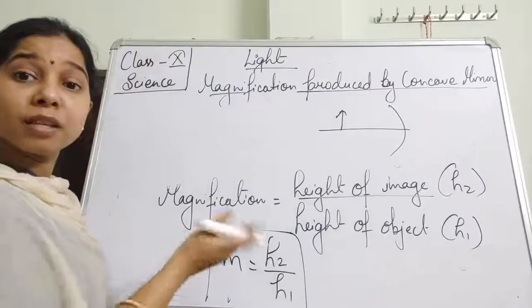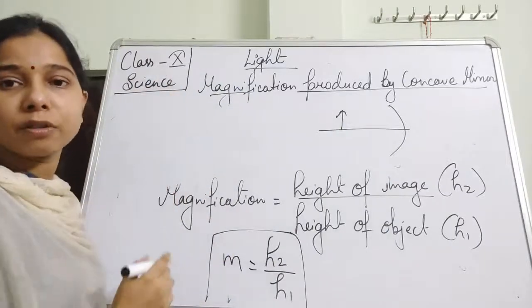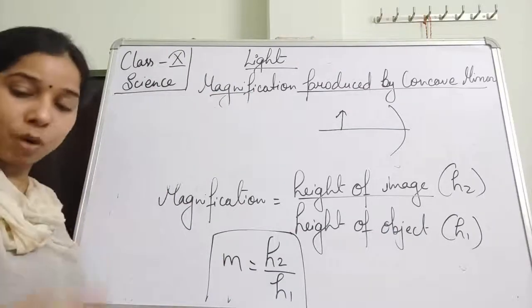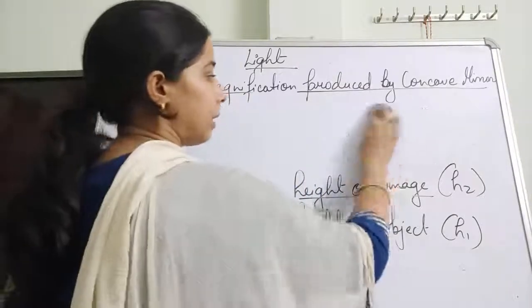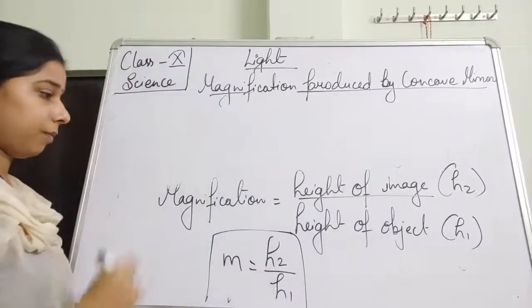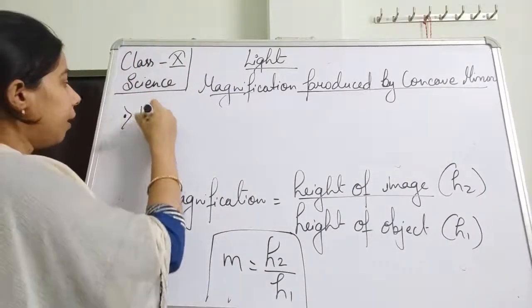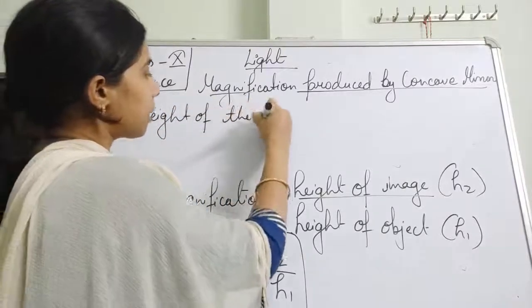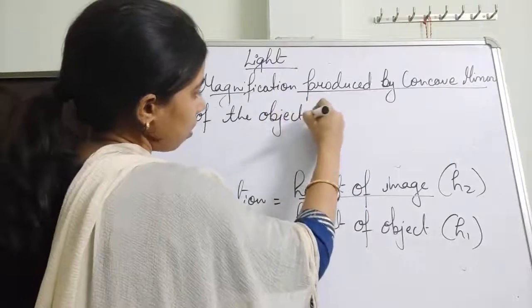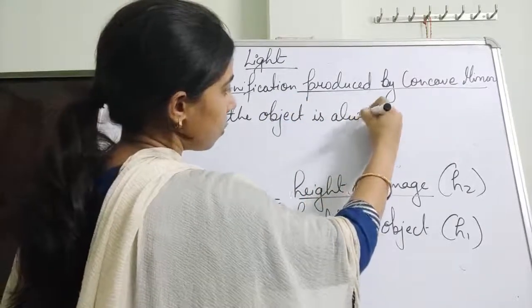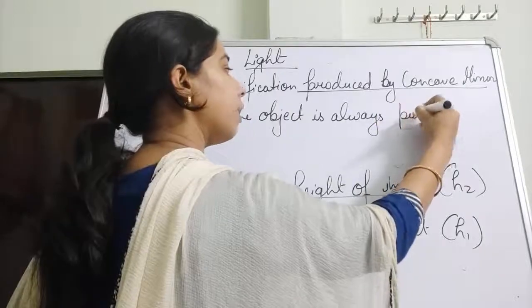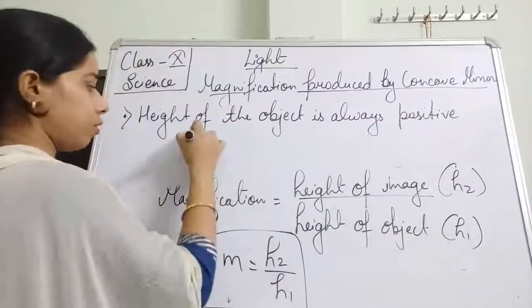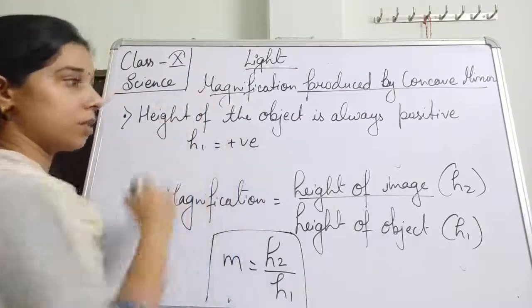The height of the object is in the upward direction from the principal axis, so it is always taken as positive. So H1 is always positive.